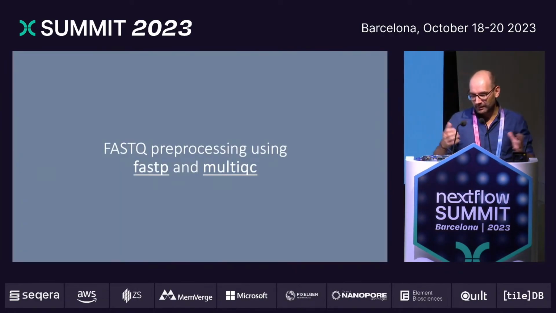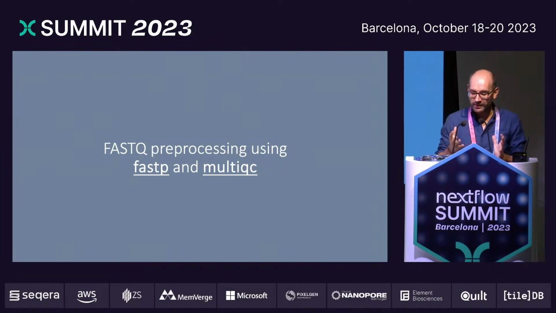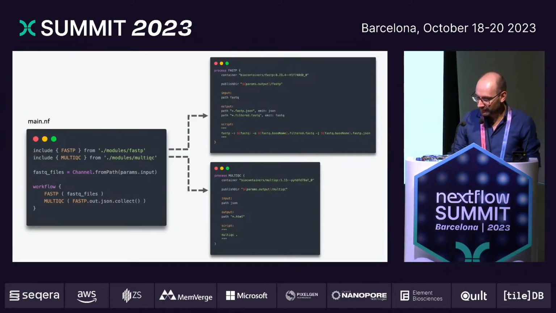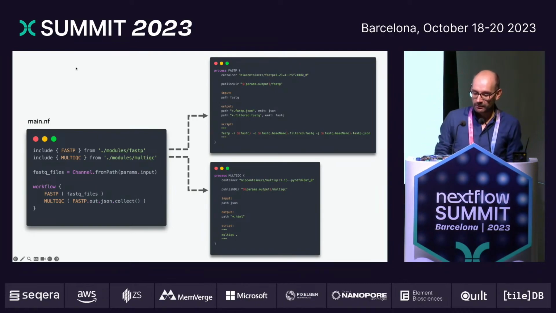I think the best way to introduce you to NF-test is by showing you an example. Here we use a simple pipeline for FastQ preprocessing that uses fastp and MultiQC. You can see the simple pipeline here. We have a main Nextflow file where we include the processes: here the fastp process and here the MultiQC process.